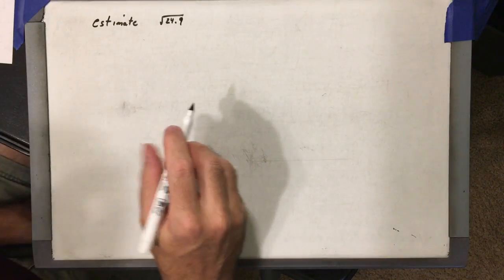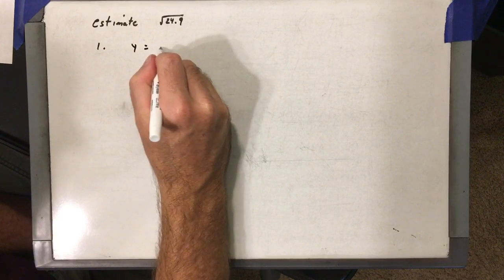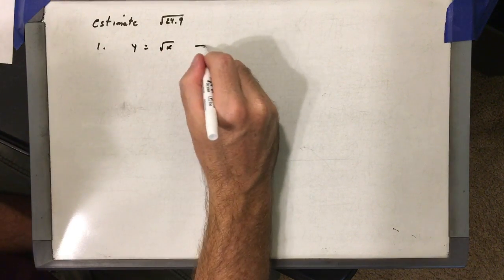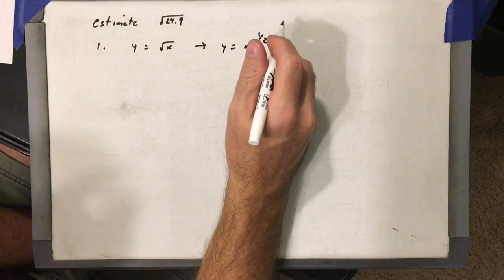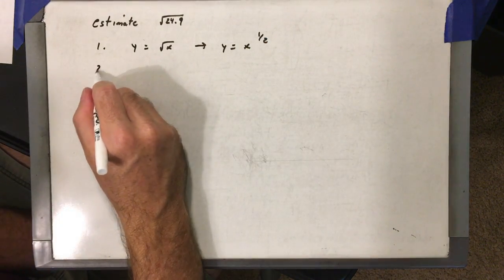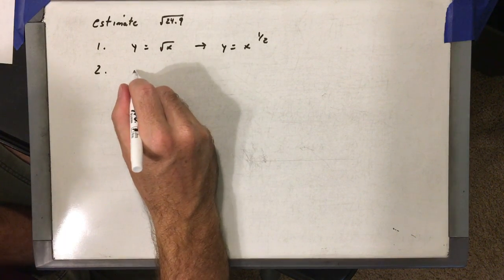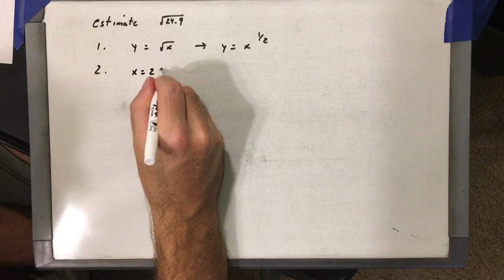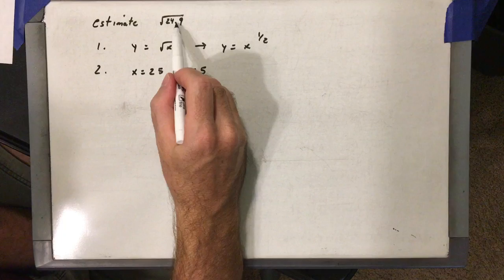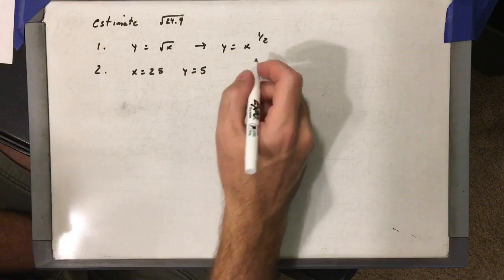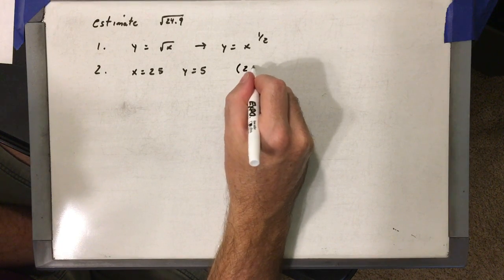Okay, so step one would be y is equal to the square root of x, right? So that's going to be y is equal to x to the 1/2. What easy point do we want to pick nearby? Well, we want x is equal to 25, right? So y would be 5. x is 25, that's near 24.9. y is equal to 5. So that's our point (25, 5).